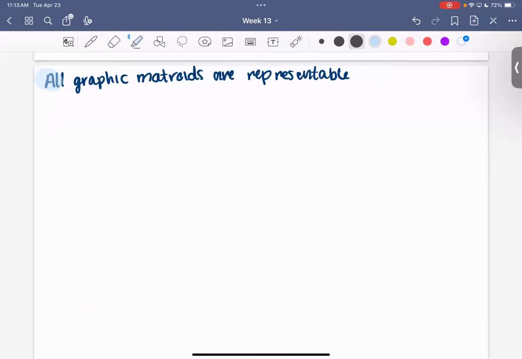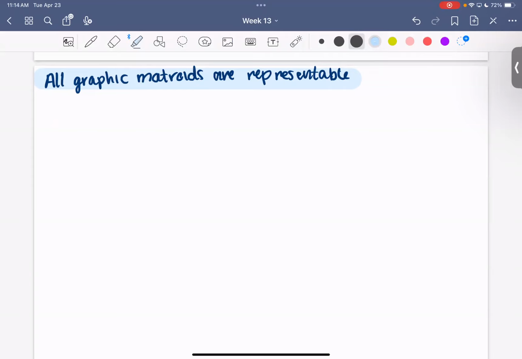So the idea here is that we need to come up with a list of vectors, one corresponding to each edge of the graph in such a way that the set of vectors is a basis if and only if it is a spanning tree of the graph.